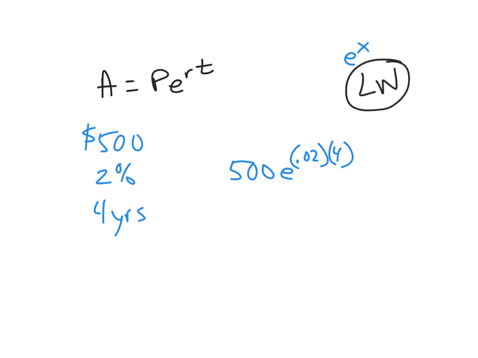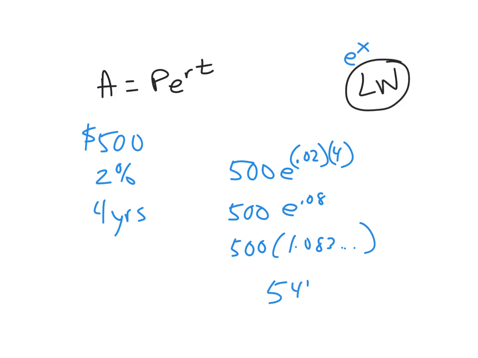So I'm going to figure out what that is. 4 times 0.02 is going to be 0.08. So I'm going to go e to the 0.08 and then times 500. On my calculator, I go second, e to the x, 0.08. That gives me 1.083, and so on.